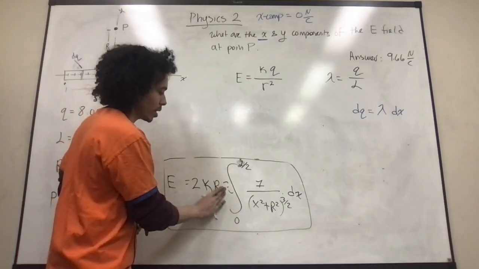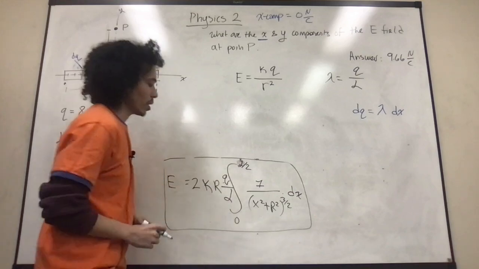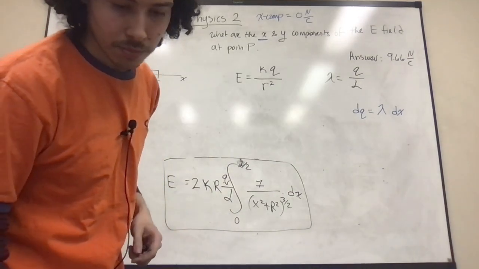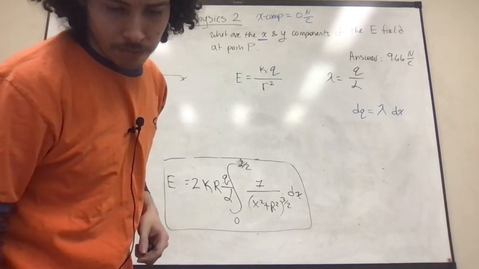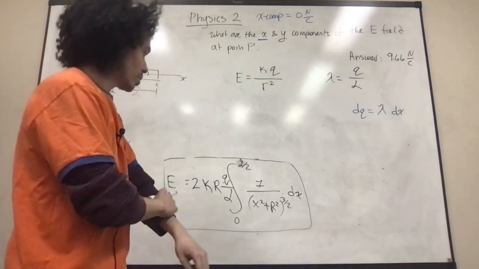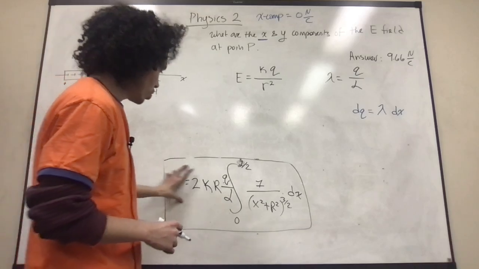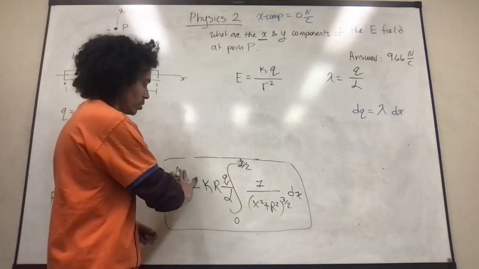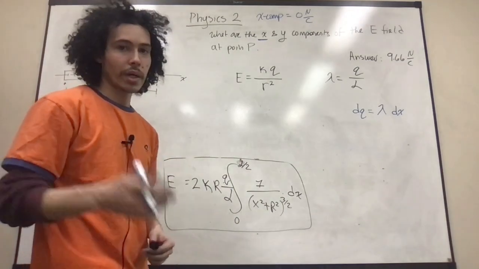Also, lambda here becomes Q over L. Very important. So if you have a calculator that's able to do calculus, you can just plug this into a calculator and you'll get your answer.